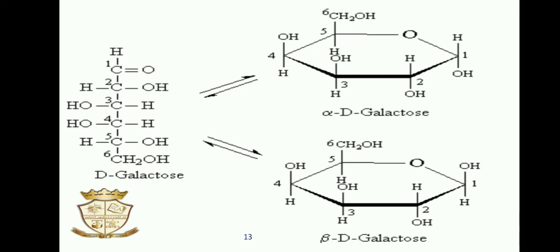Now draw the Haworth perspective, a 6-membered ring in which the OH groups on C2, C3 and C4 are oriented up, down and down respectively, because in the Fischer representation they are on the left and right sides. Because it is the beta form, the OH on the anomeric carbon points down, on the same side as C5.